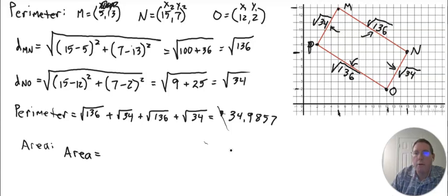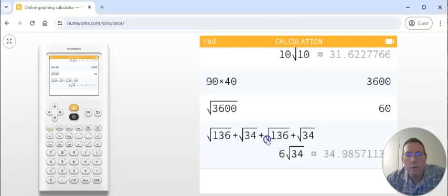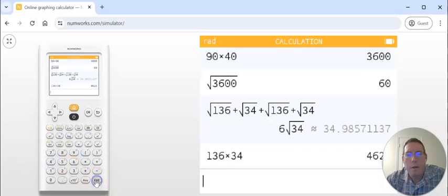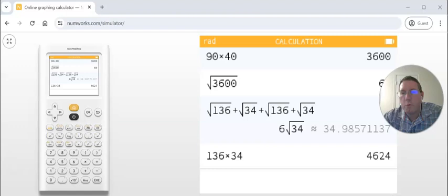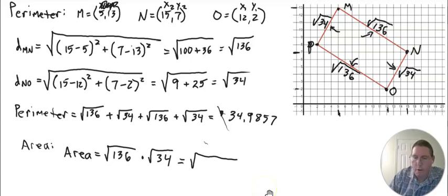So we just need the square root of 136 times the square root of 34, which equals the square root of 136 times 34. 136 times 34 is 4,624.